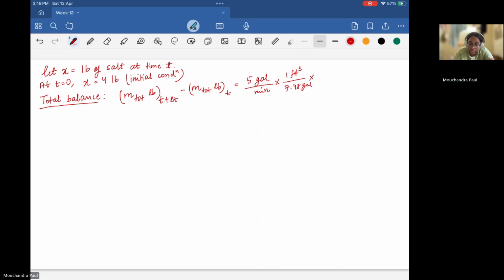And your density of water is in pound per feet cube, into delta T minute. Since I'm writing your total mass, the net mass term, I'll come to the total balance in a minute.